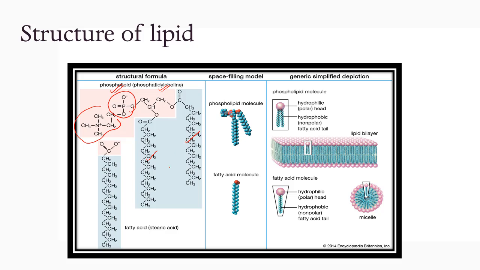So these chains are hydrophobic. Now the glycerol molecule, when it combines with this molecule, it will only combine with these two molecules. The third oxygen will combine with phosphoric acid, right? Understood? So this is a fatty acid or a stearic acid, okay?